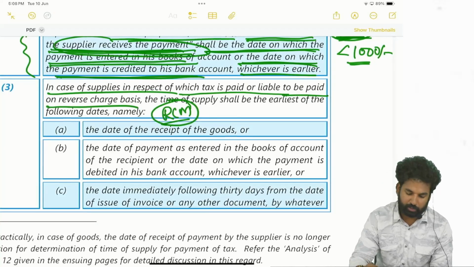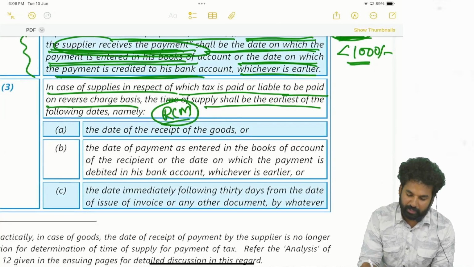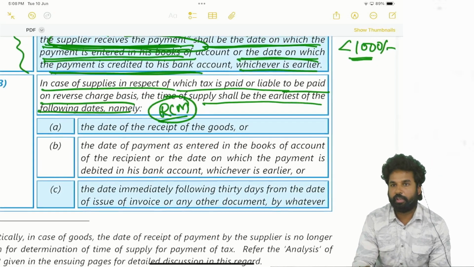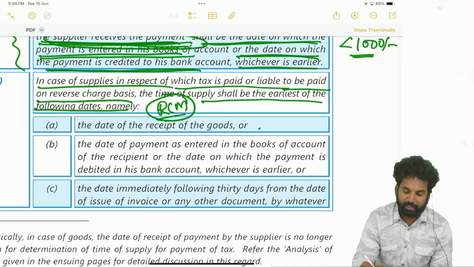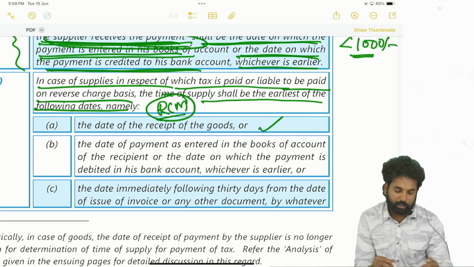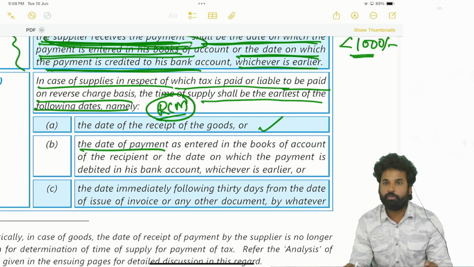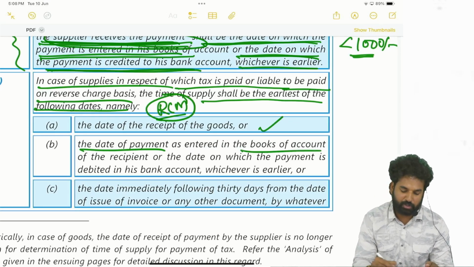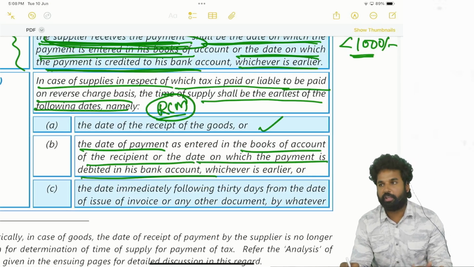What will be the time of supply? Here you see, time of supply shall be the earliest of the following dates, namely the date of receipt of goods, when you have received the goods, or the date of payment as entered in the books of accounts of the recipient, or the date on which the payment is debited in his bank account, whichever is earlier.